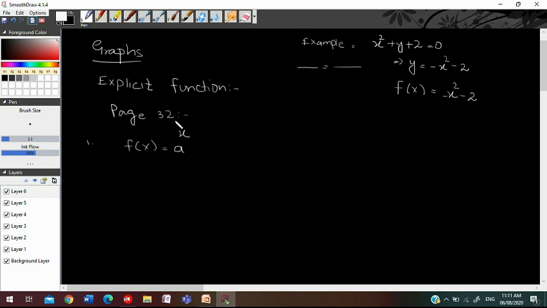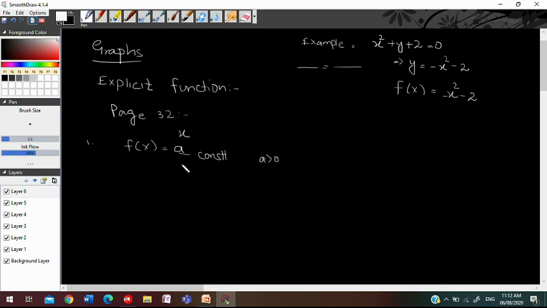Now, if we want to draw the graph of such type of function, we know that in this function f of x is equal to a power x, this a is a constant number and it must be greater than 0, right?